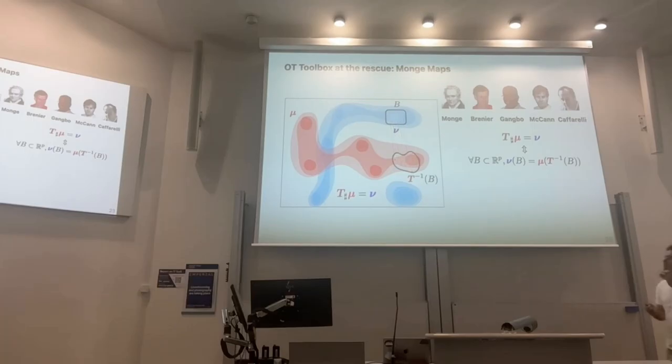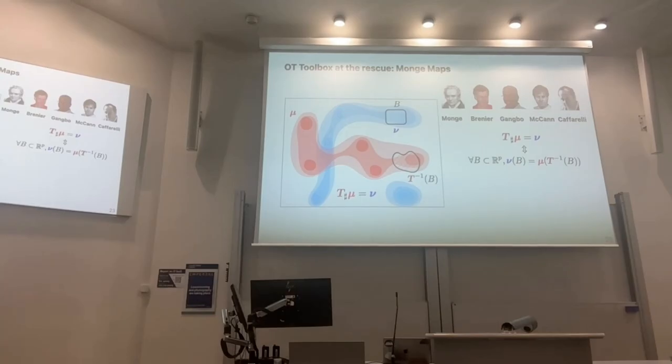And the idea is very simply that we have the same mass. The measure of the target set U is the same as the measure of the starting set T inverse of U.